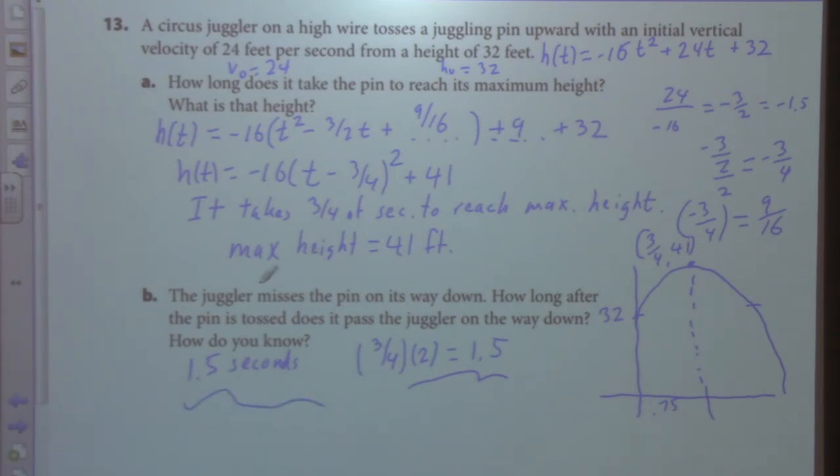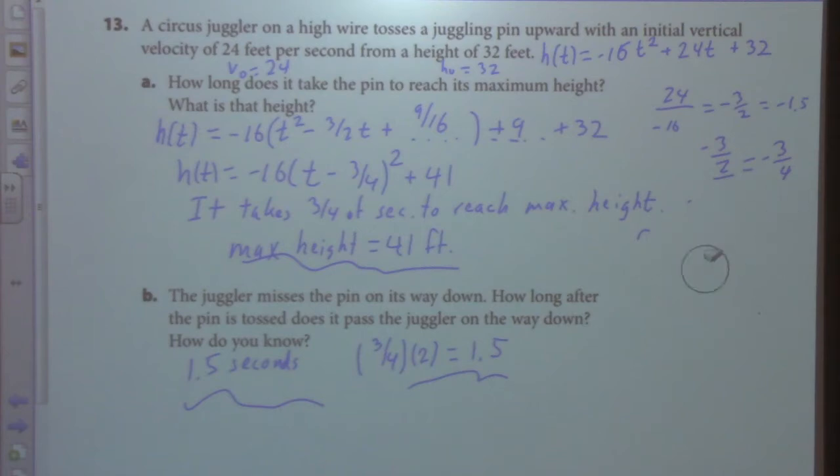Okay, so we have all this right here. It would be the same type of thing. Any questions on this one? So I want you to work on number 14.